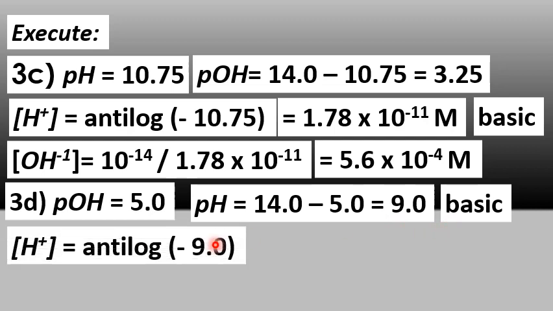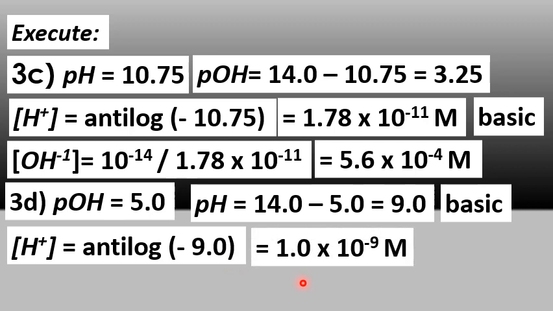The positive hydrogen ion concentration, again, is computed by getting the antilog of negative 9.0. With your scientific calculator, we will get 1.0 times 10 to the negative 9 moles per liter or molars.